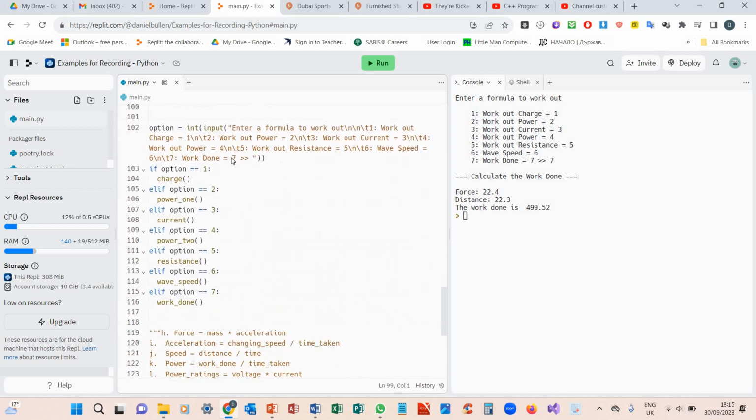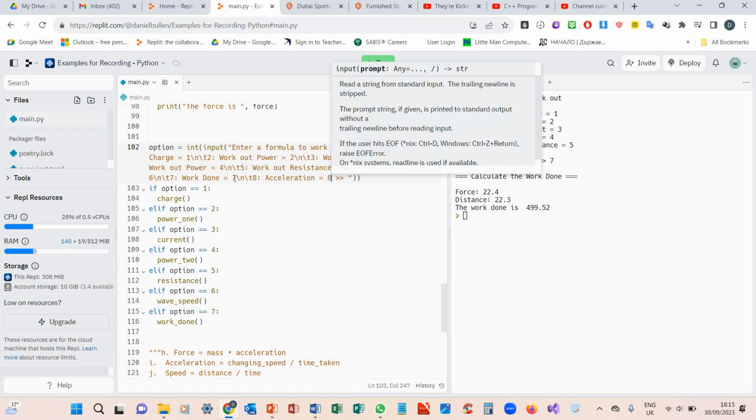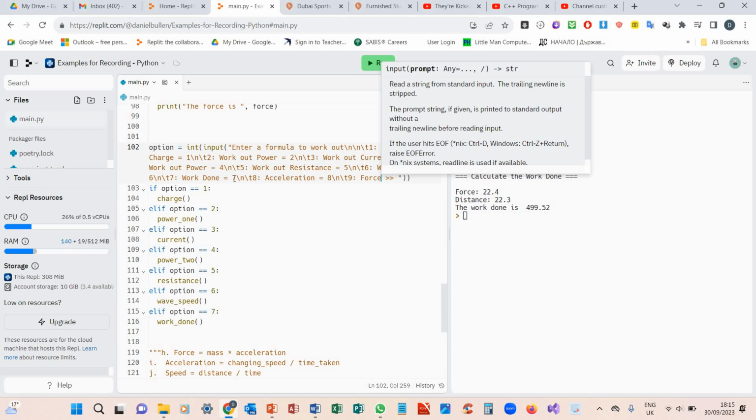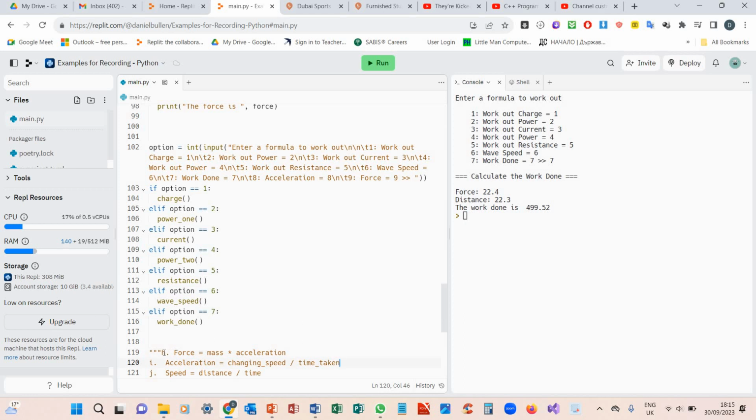Yep, so for number 8, acceleration, and then we got force. So we got another force there. So we got that one.